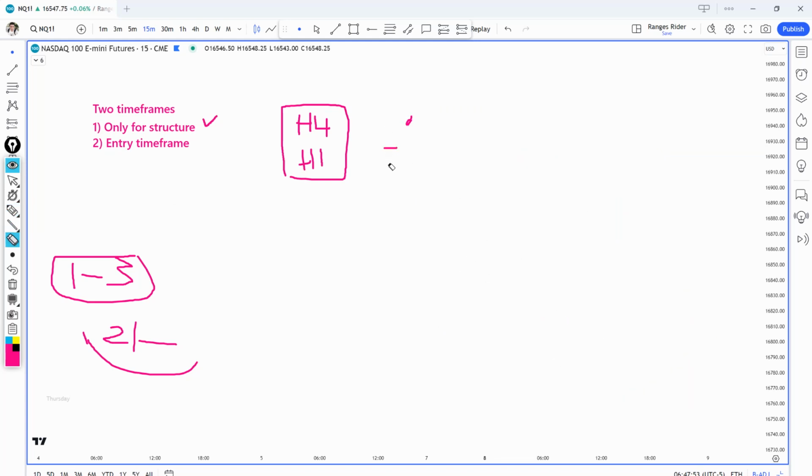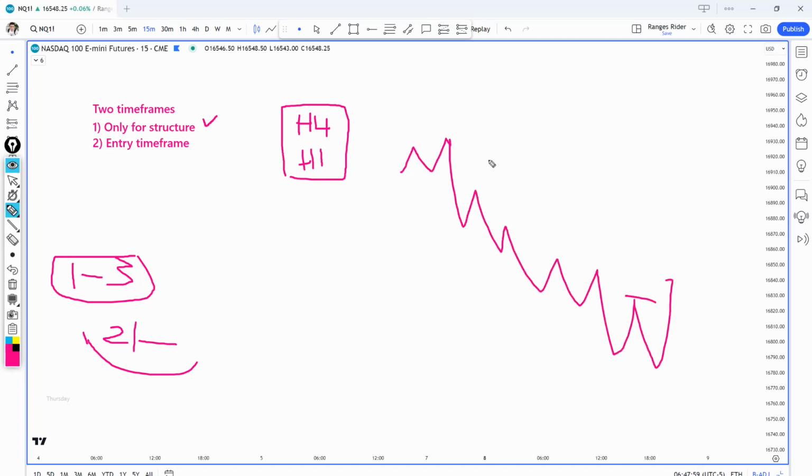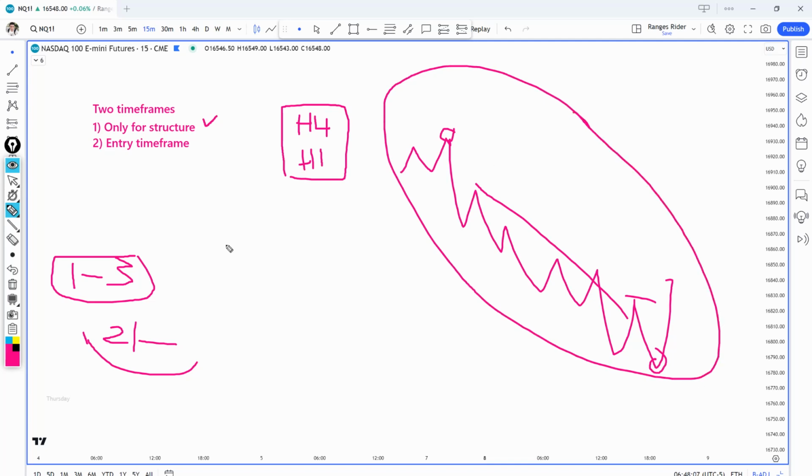And in a similar case, you have the same structure, let's say on the 1 hour time frame. This whole process on H1 takes almost how much time?